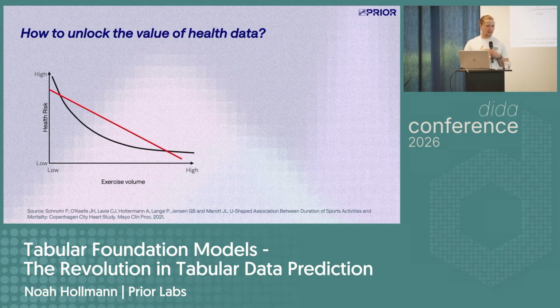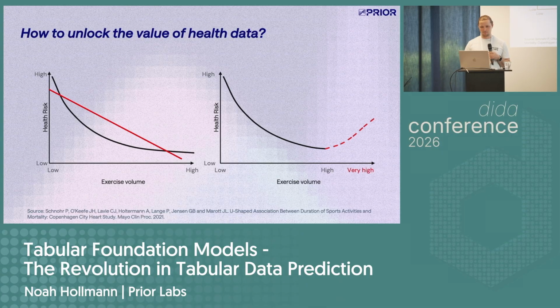You might use linear regression, fit a straight line through this risk curve, and that maybe works reasonably. But here we already see it doesn't really fit the data, because the pattern is much more complex in the end. Maybe doing a lot of exercise can also be damaging again. When people fit these very simple models, which are often the best thing they can do, they miss the pattern in the data. Really, we are just scratching the surface of this incredible data that we have.